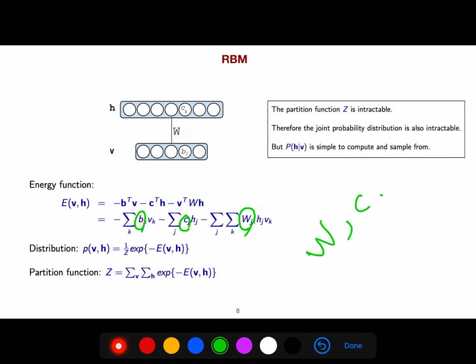All of these W, C, and B, let's call them theta, the parameters, because at the end of the day, for machine learning experts, you need to maximize your likelihood. Here we are using unsupervised learning because we are giving it just a bunch of data. There is no label. Everything is just your visible data.